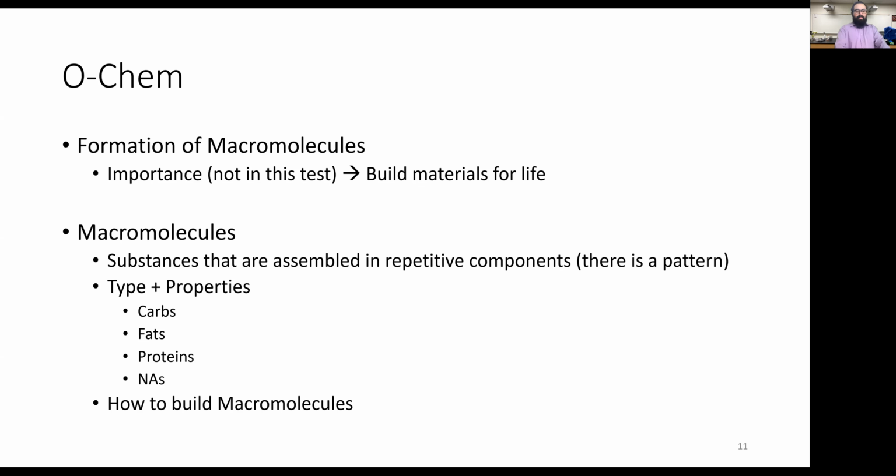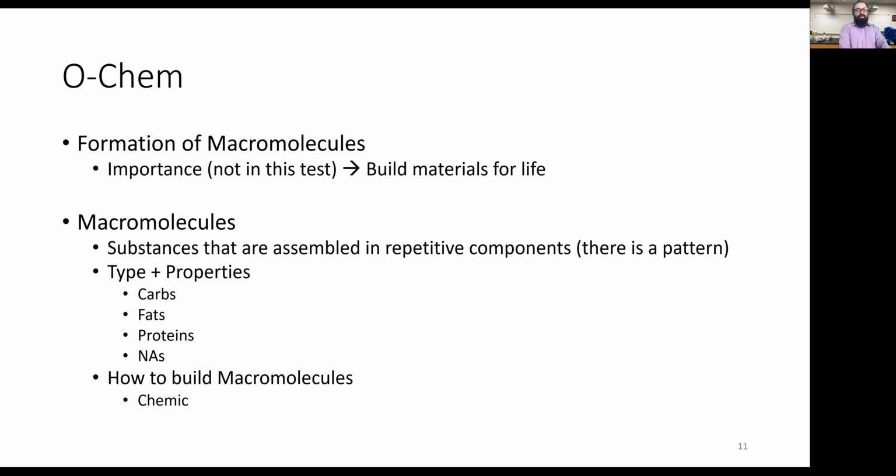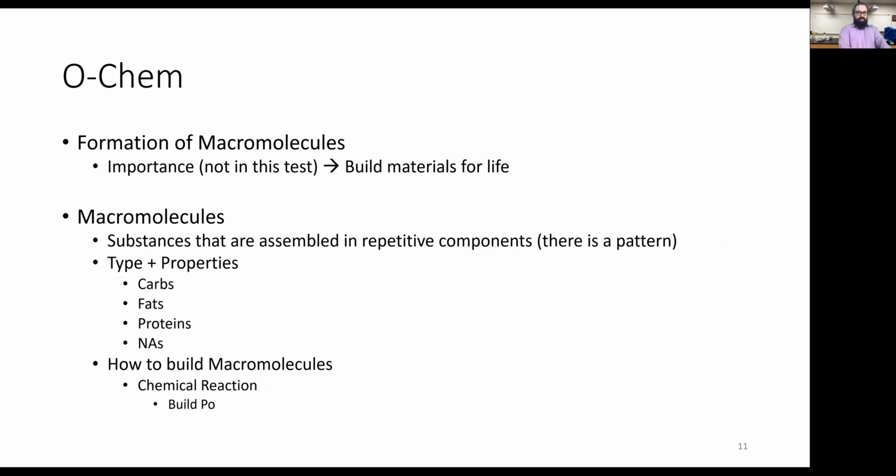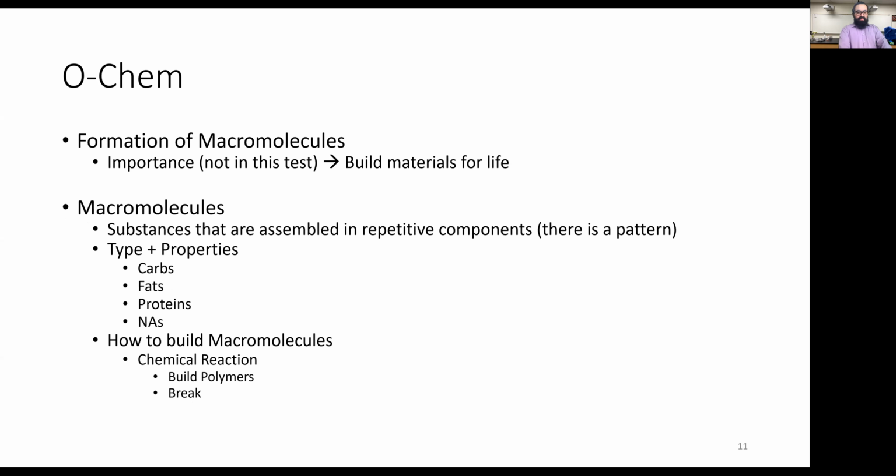This is based on the chemical reactions that we were supposed to know from this topic. For that, we have two types: to build polymers and to break them apart.